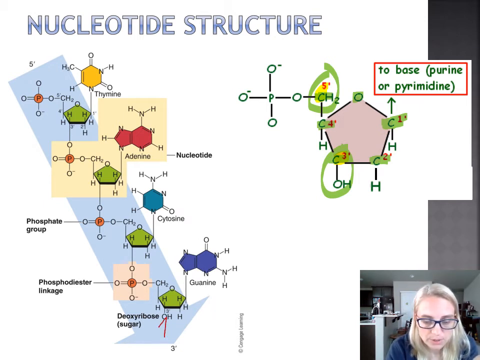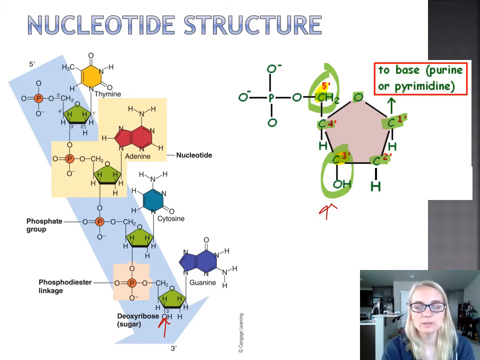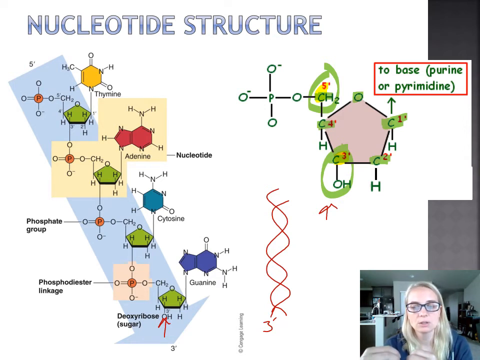This 3' is an open 3' carbon. It's not bonded to anything. So when we take a look at a big long piece of DNA, if this end is a 3', we can just label it like that. All that means is the unattached 3' carbon. It's just got an OH sticking off of it. There's nothing else stuck to it.